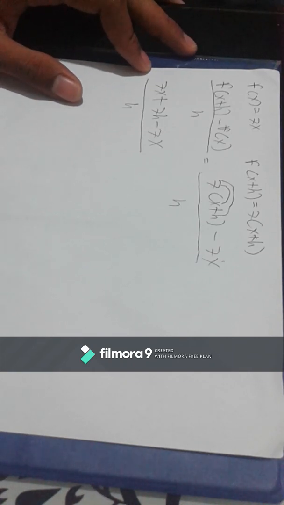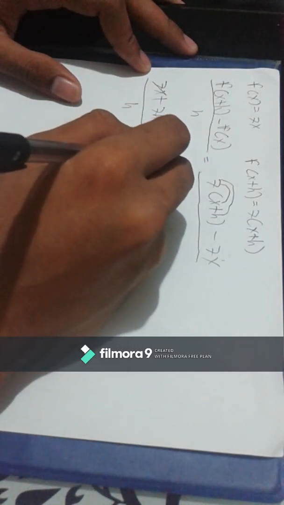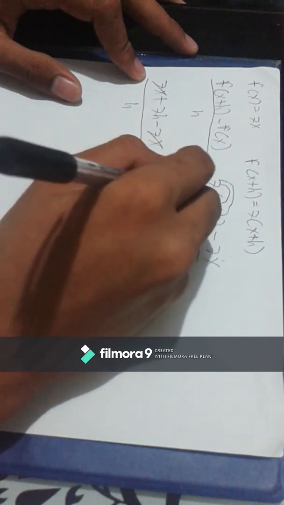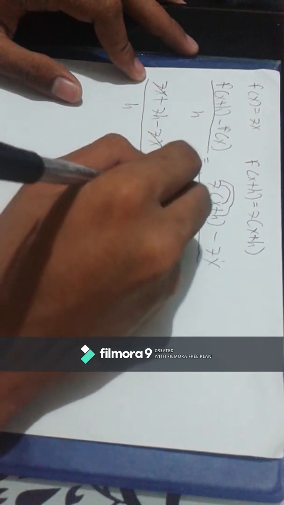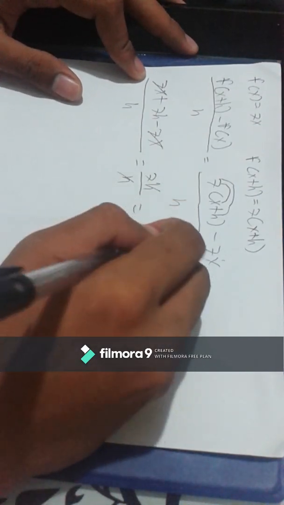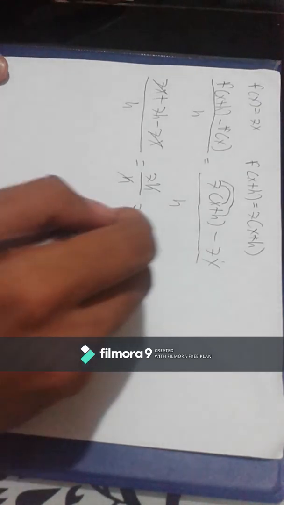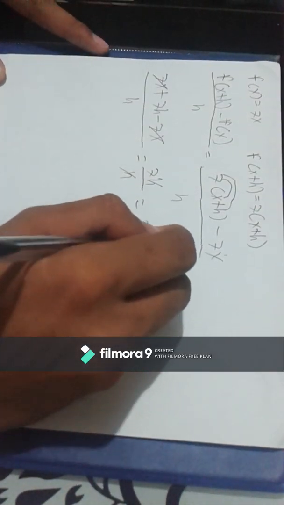We just cancel the 7x, so all that's left is 7h over h, and we cancel the h. Now we get 7. So that's the answer, guys: 7. That's very simple.